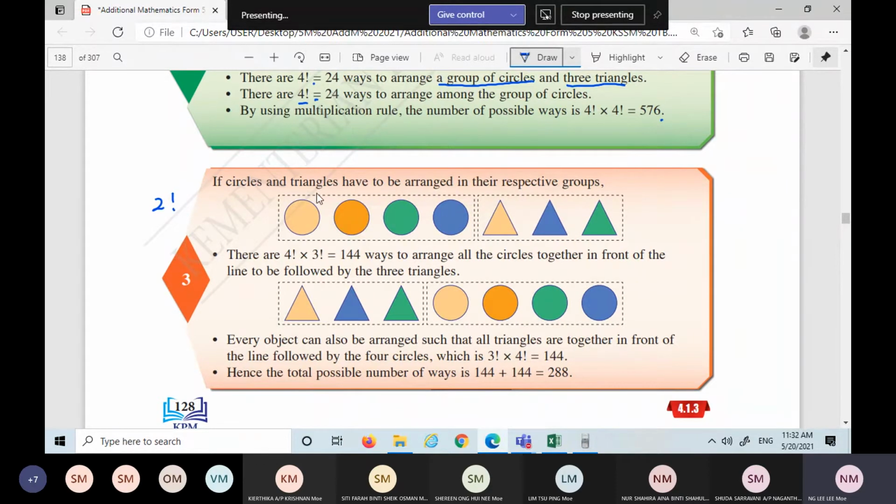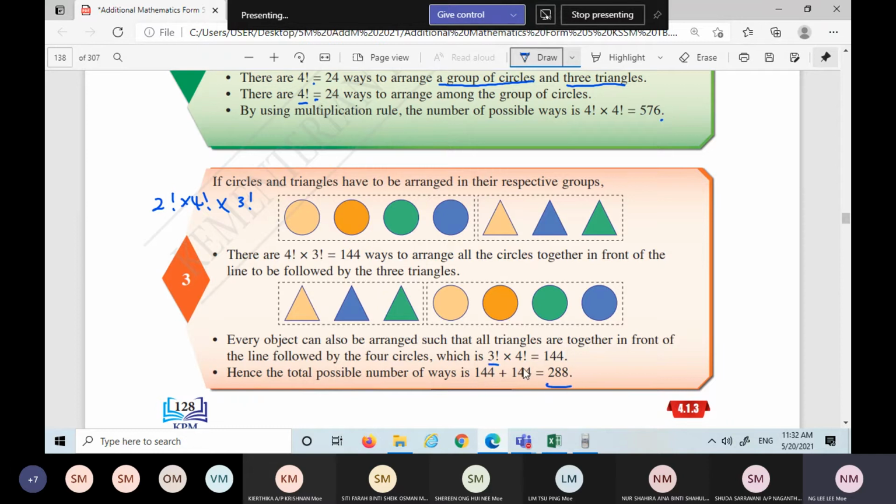Then among the group of the 4 circles, you can arrange among them 4 factorial. For the triangles, the same thing: among this group of triangles, you can arrange among them 3 factorial. So the answer is 288.